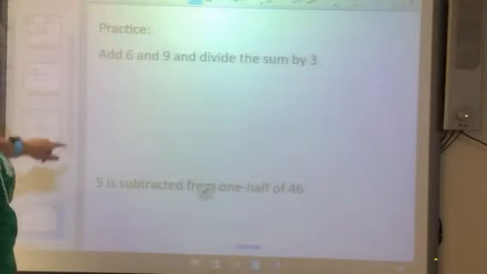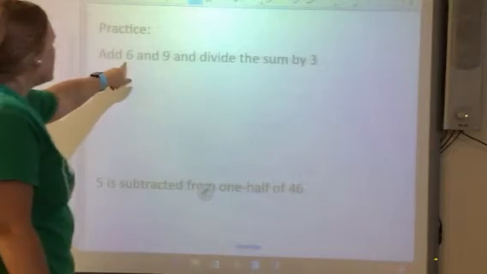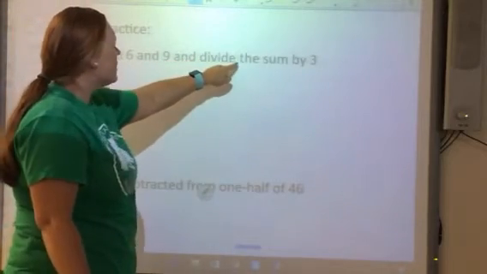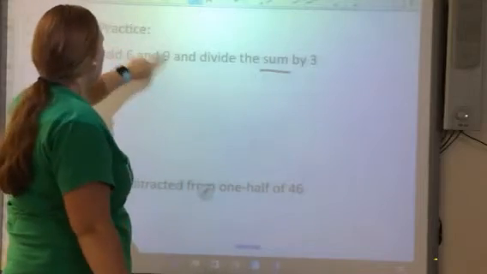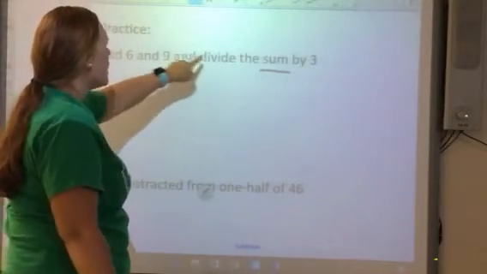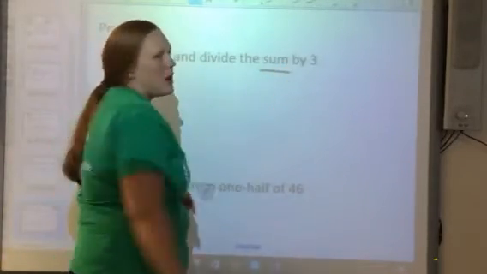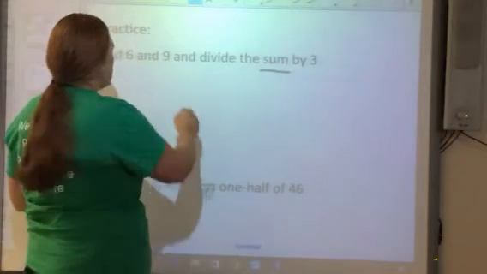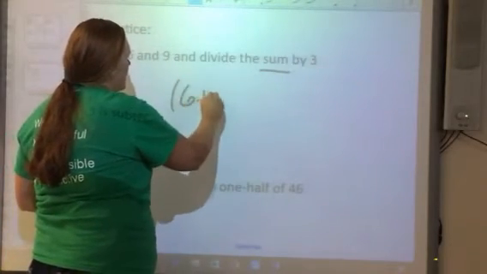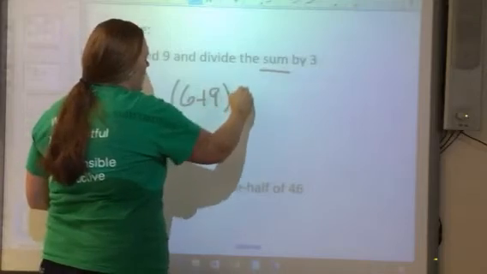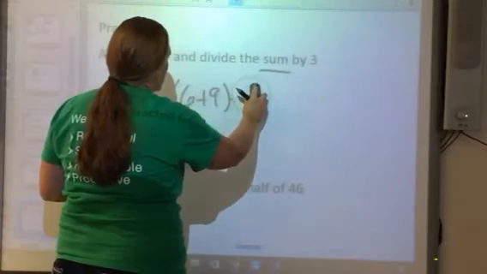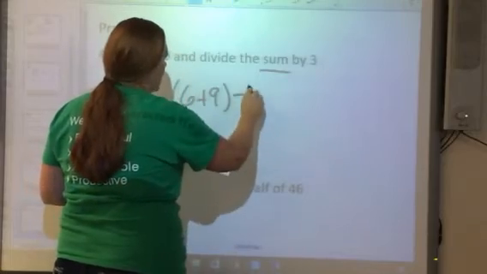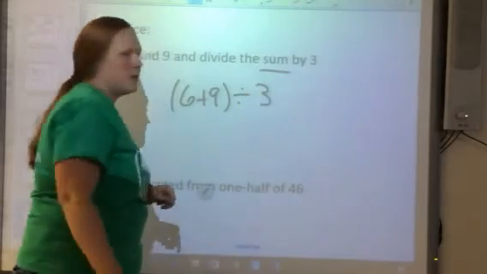Here's just a couple practice ones. Add 6 and 9 and divide the sum by 3. I've got to have this answer first before I divide it by 3. So I would take my 6 plus 9, divided by 3.